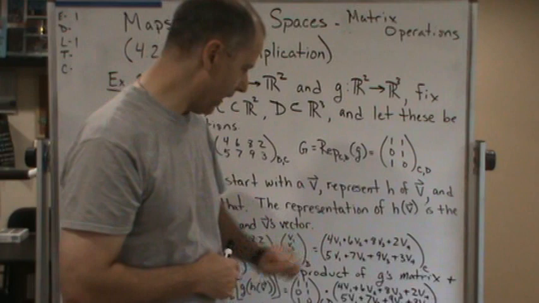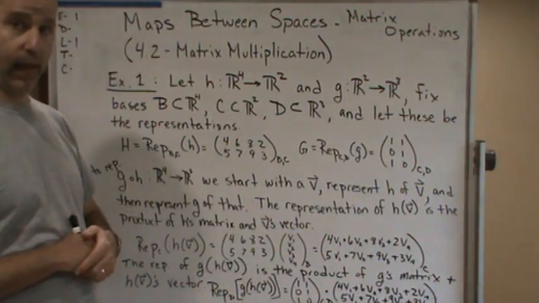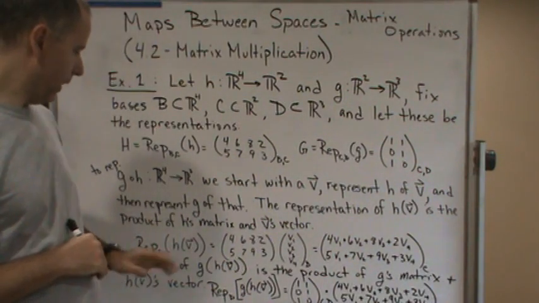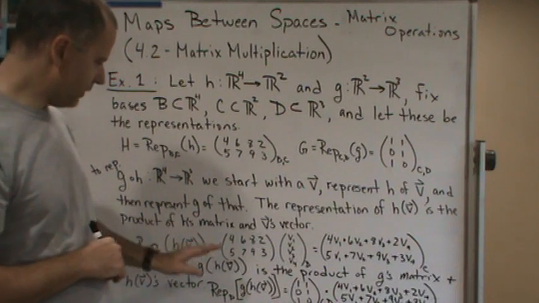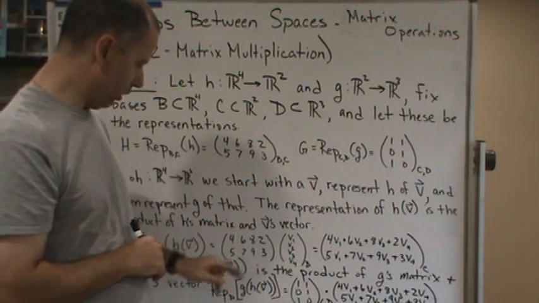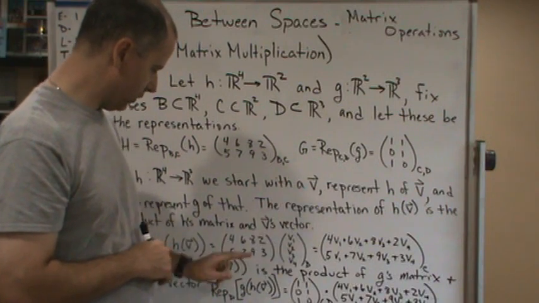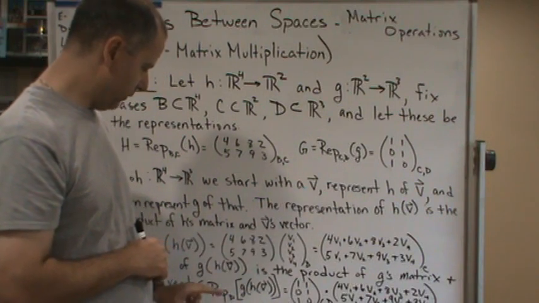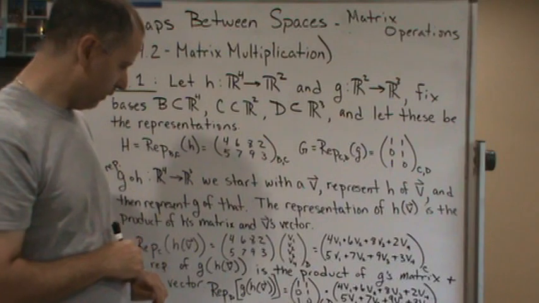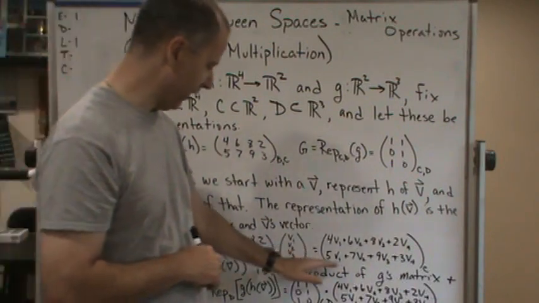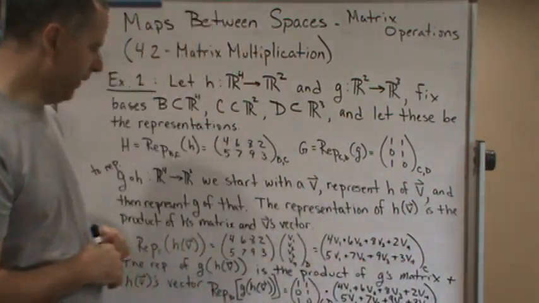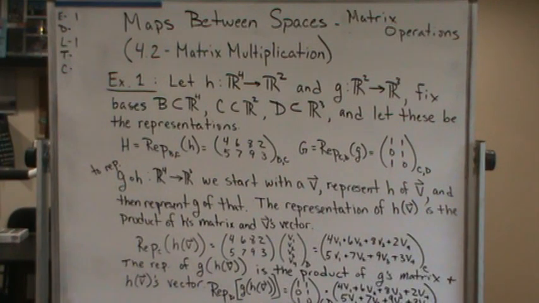And so we get that first entry. Okay? Then we do the same thing with the next row. So we get 5 times V1, 7 times V2, 9 times V3, 3 times V4. We're adding those together. And we get the second entry.